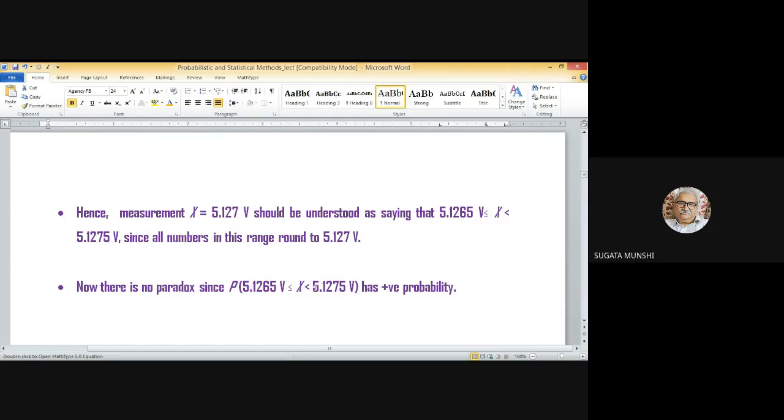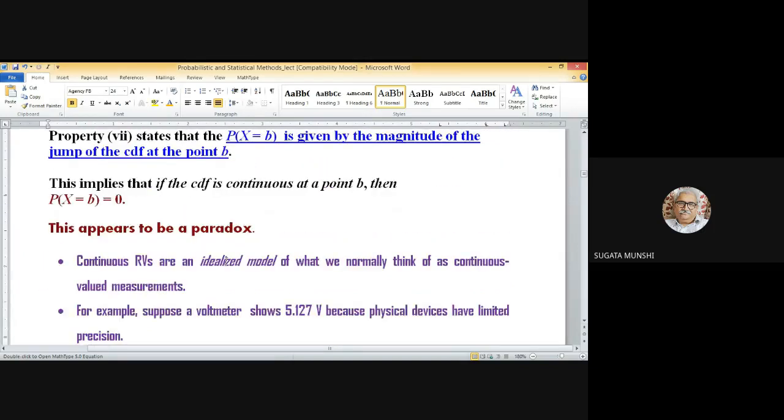Then you have to represent it by another discrete random variable that can take on values of 0.0001, 0.0002, 0.0003 in this way. So that is the problem. That's why it's better to consider it as a continuous random variable. And it is mathematically much easier to deal with a continuous random variable. So that's a possible interpretation.